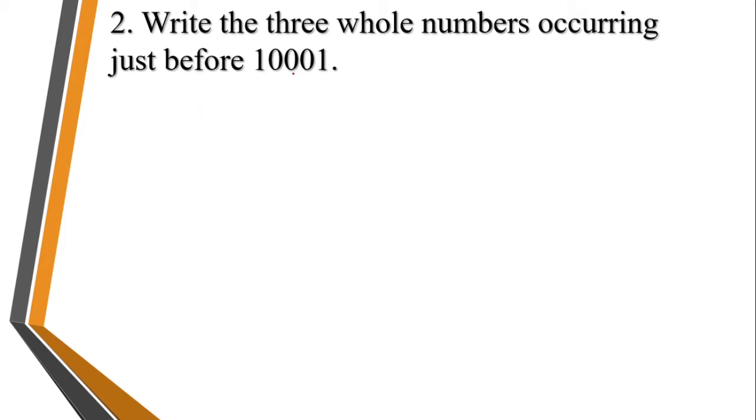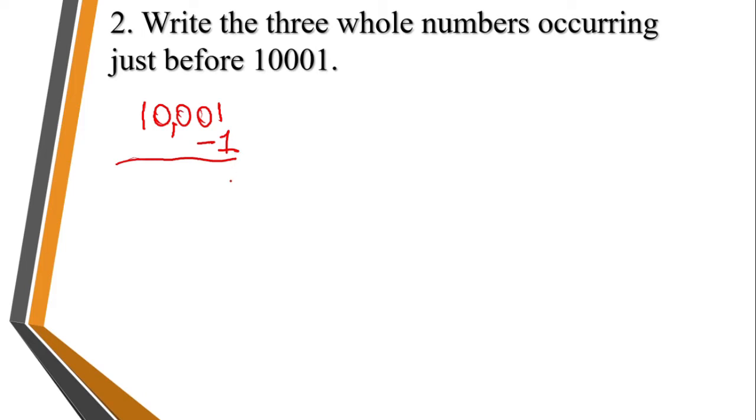We should find three whole numbers occurring just before 10,001. Now first we should do 10,001 minus 1.